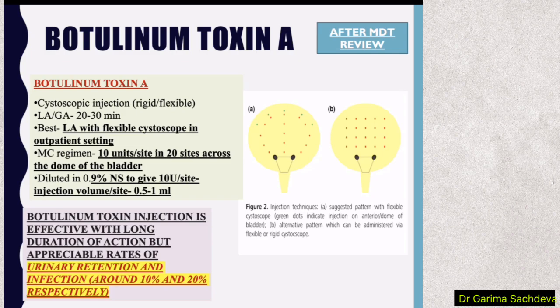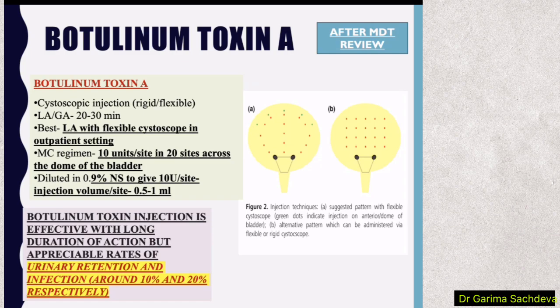It is diluted in 0.9% normal saline to give 10 units per site, 0.5 to 1 ml at each site.